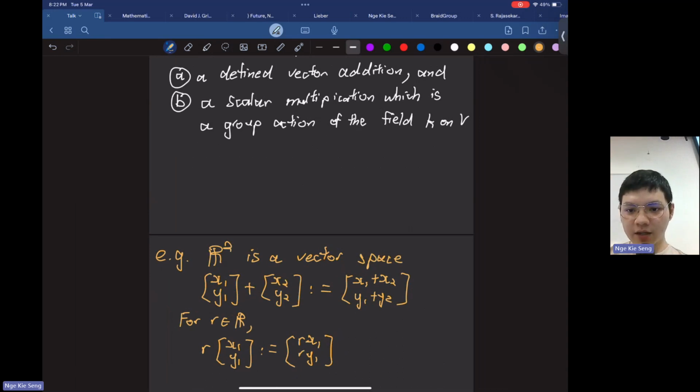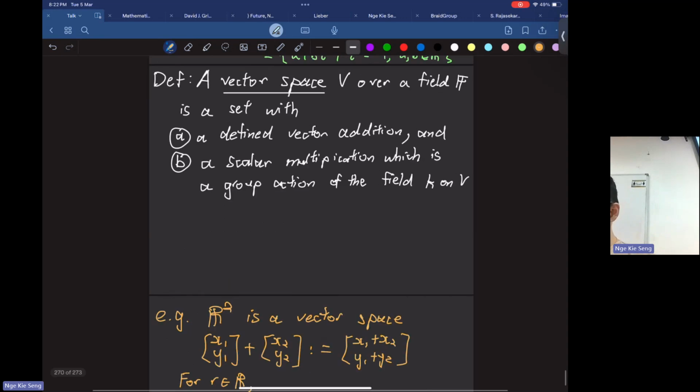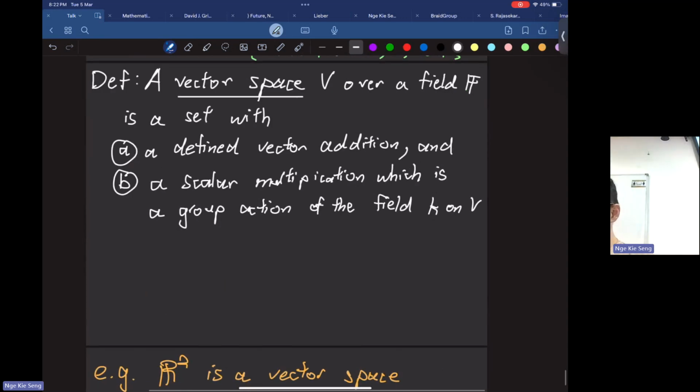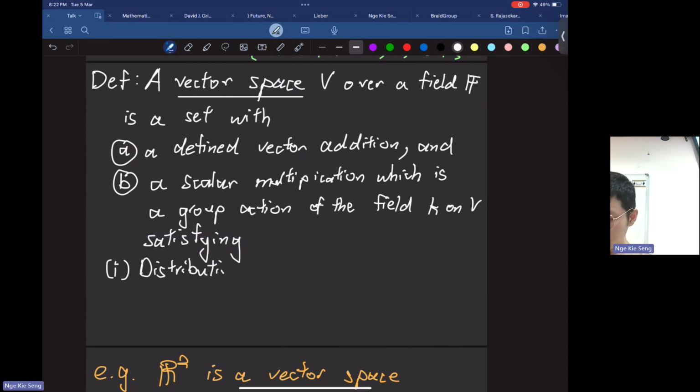It's not just this. This group action here has to satisfy two properties. Let's return to the definition. We haven't finished yet. This group action needs to satisfy two properties. First, distributivity over vector addition.